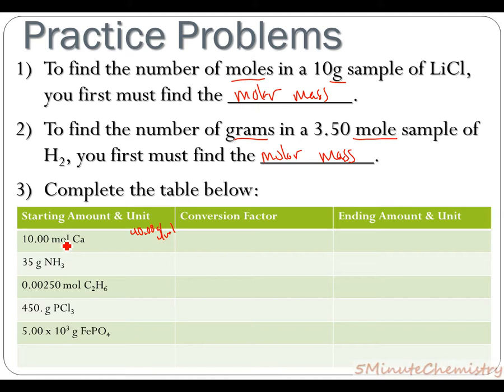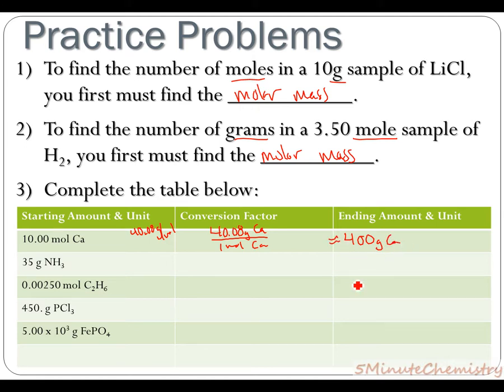Since I'm starting with moles on top, I can write this as a fraction with moles on the bottom: 40.08 grams of calcium divided by 1 mole of calcium. So we'll multiply 10 times 40.08 divided by 1. Again, we're going to do these rounded to the best of our ability. So 10 times 40 is going to give you approximately 400 grams of calcium.